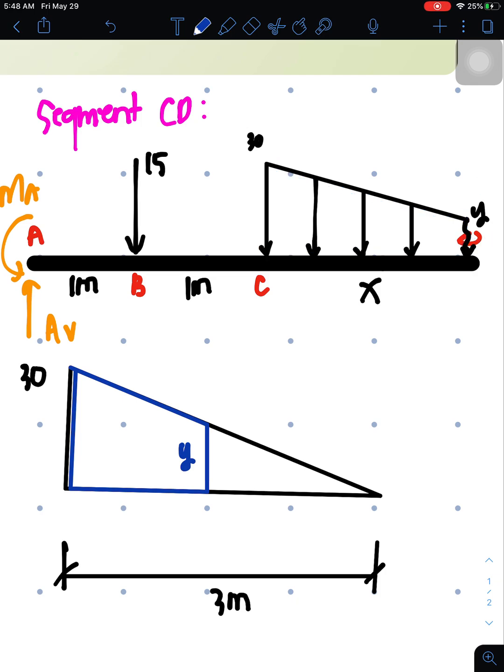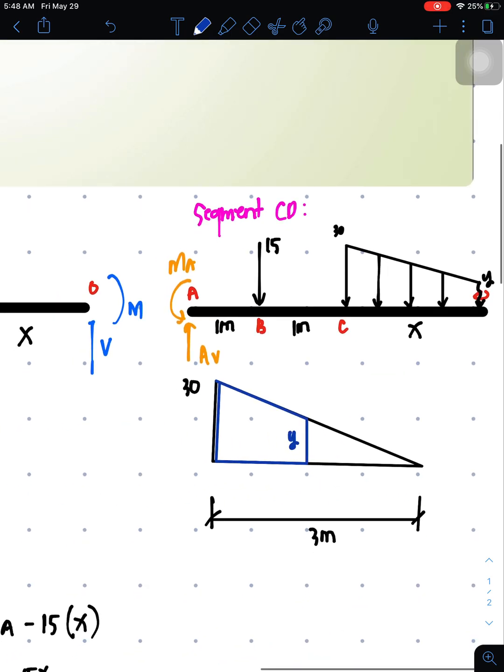So here, by ratio and proportion, we can get the value. But of course, our x distance is here, no? This is x. So therefore, this one here is 3 minus x. So let us express y in terms of x.